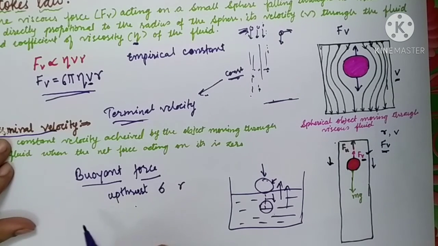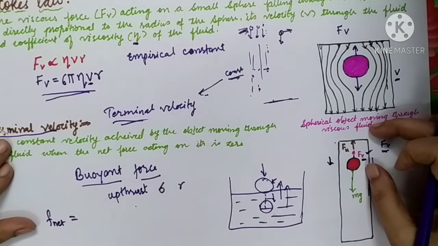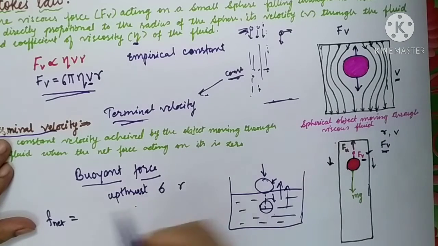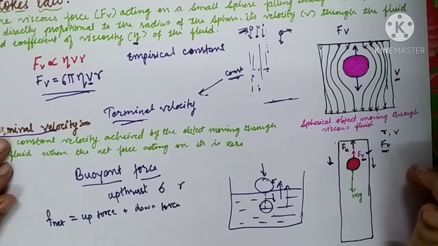Net force acting on the object, let F net be equal to, net means total force. Total force is nothing but the sum of the upward forces and the downward force. So the total upward force plus the total downward force is the total force acting on the object.